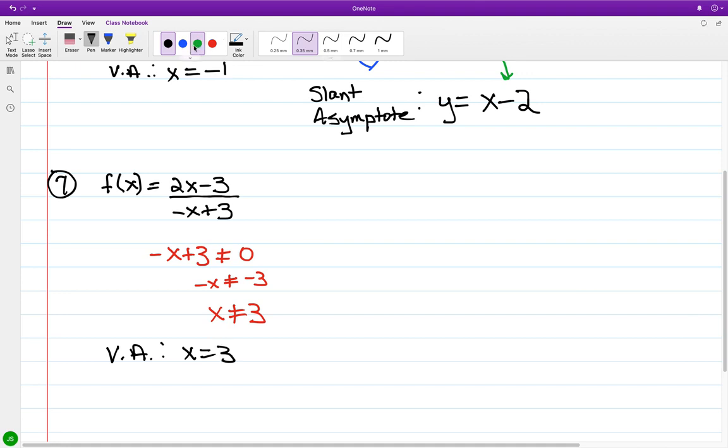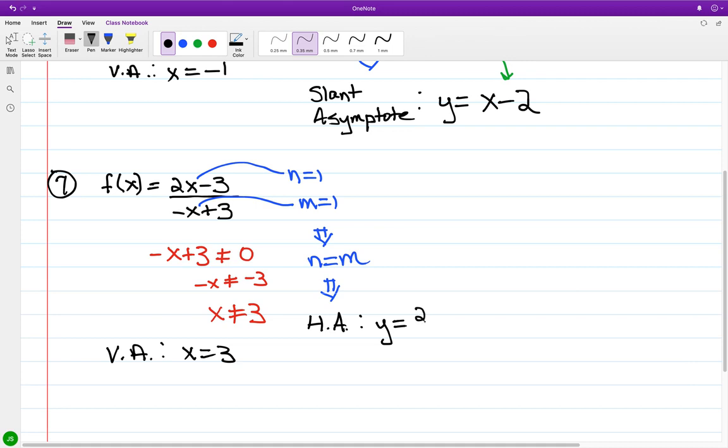Now, comparing the degrees, the degree of the numerator is 1, and from negative x, the degree of the denominator is equal to 1. So in comparing the degrees, n is equal to m, and from this there will be a non-zero horizontal asymptote, where y is equal to the ratio of the coefficients of the highest degree terms from the numerator and denominator.